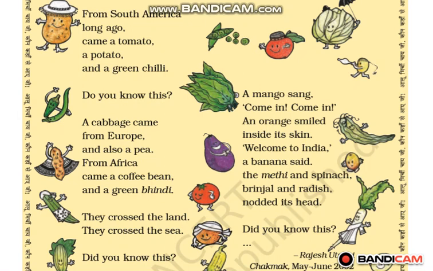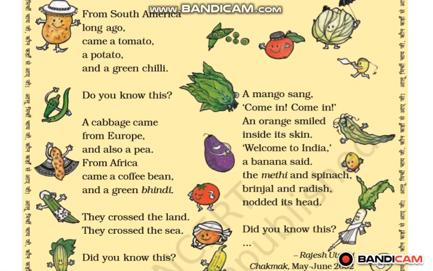A cabbage came from Europe and also a pea. From Africa came a coffee bean and a green bhindi. Green bhindi, that is ladyfinger, and coffee bean came from Africa.